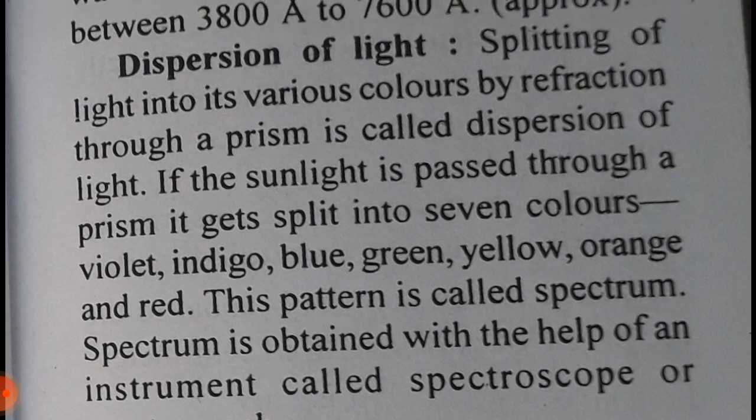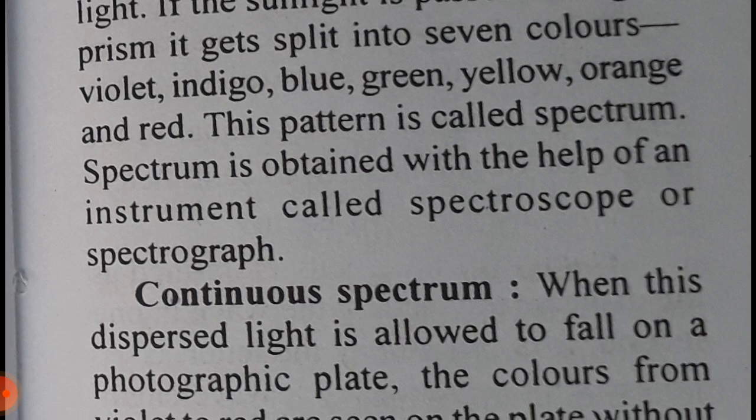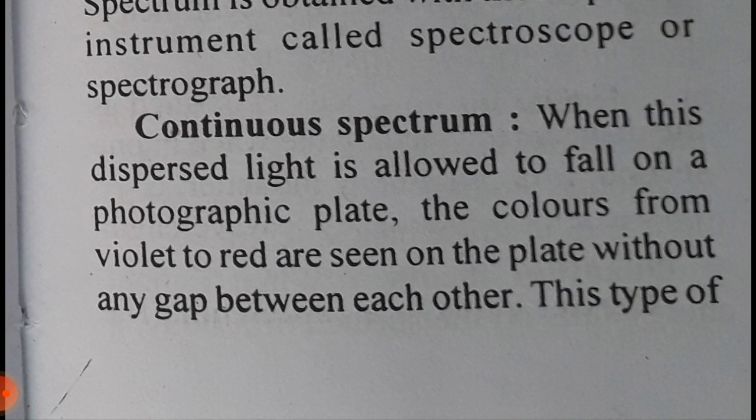Dispersion of light. Splitting of light into its various colors by refraction through a prism is called dispersion of light. If sunlight is passed through a prism, it gets split into 7 colors: violet, indigo, blue, green, yellow, orange, red. This pattern is called a spectrum. A spectrum is obtained with the help of an instrument called a spectroscope or spectrograph.